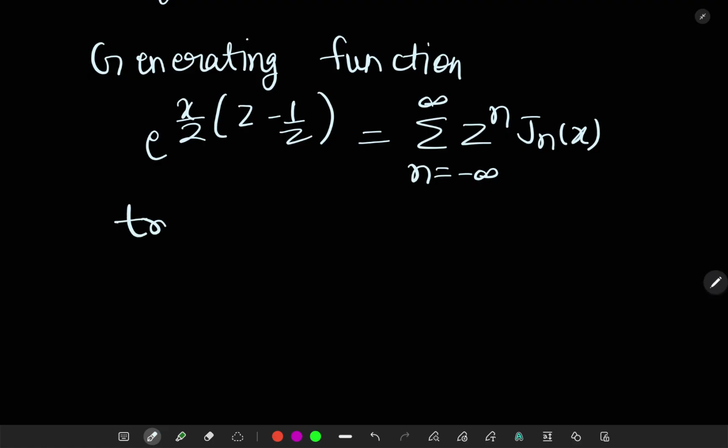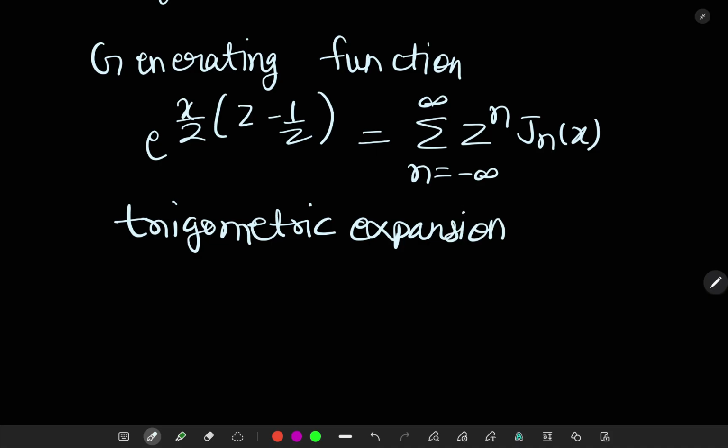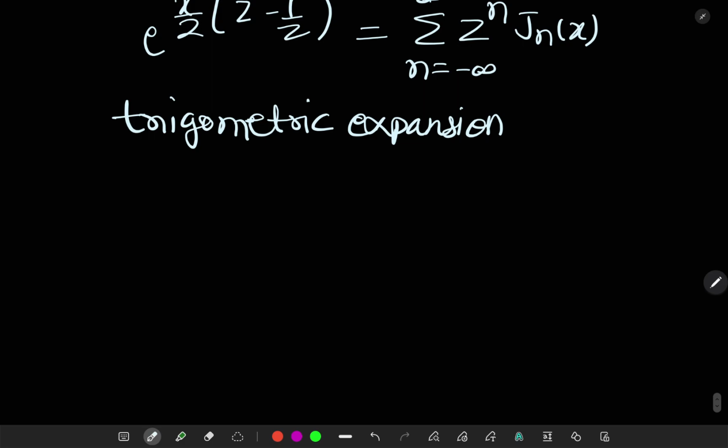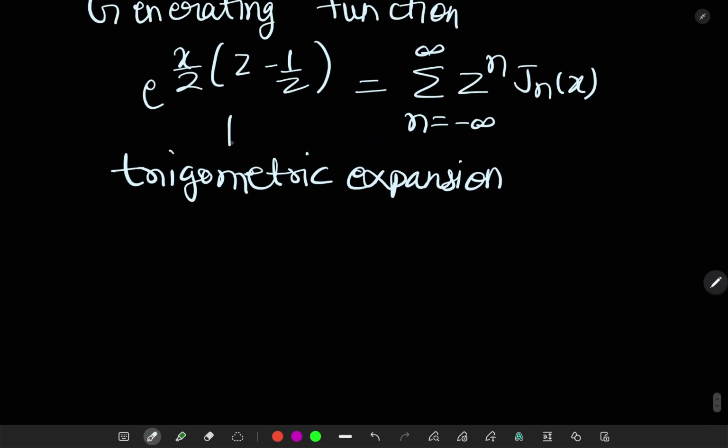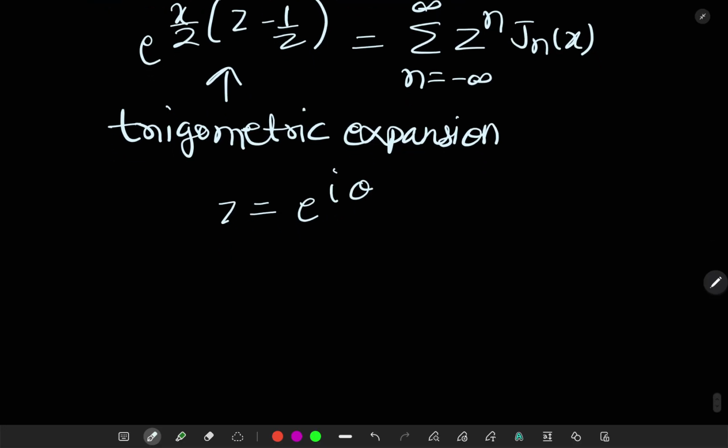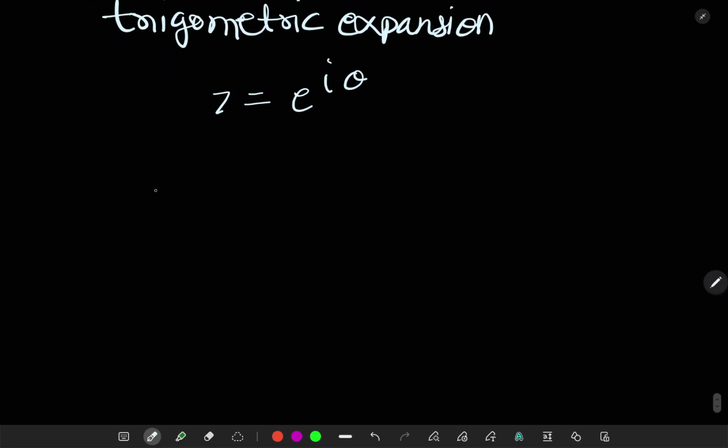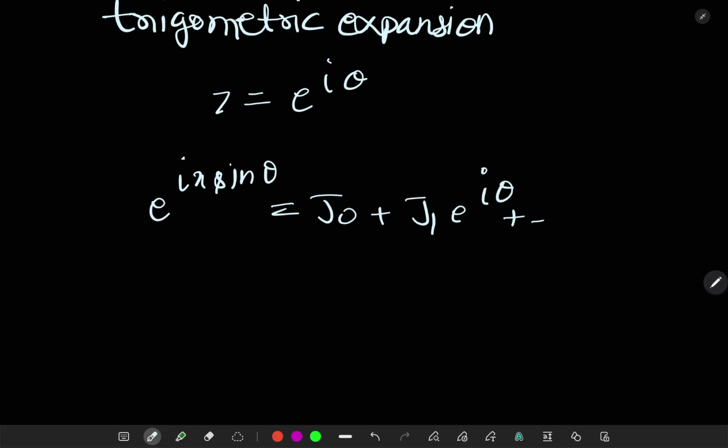Now trigonometric expansion involving Bessel function. If we put in this equation z equal to e raised to power iota theta, then we get this value.